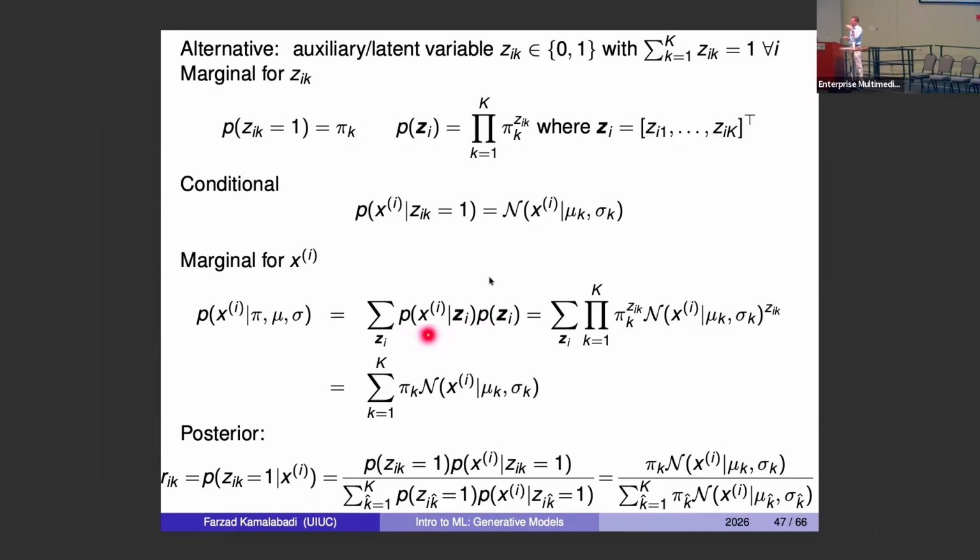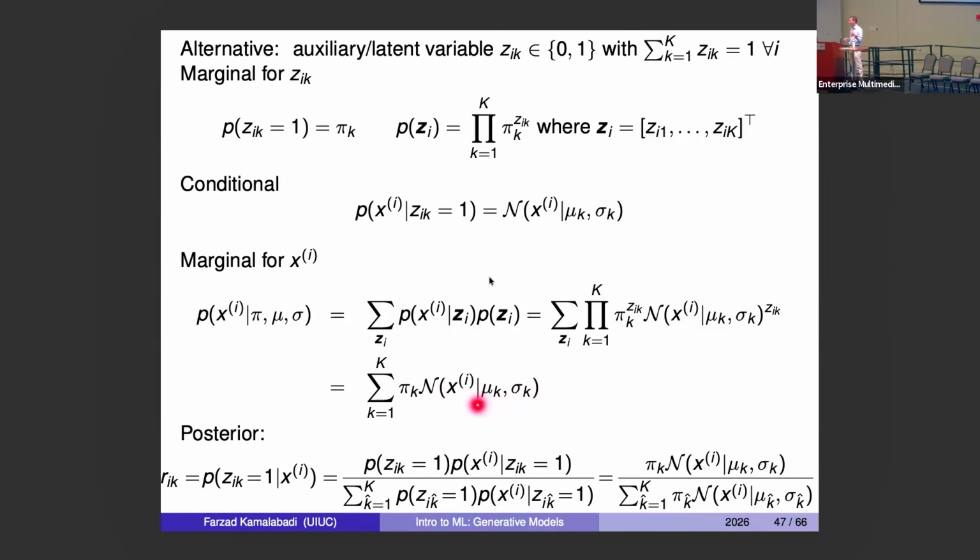This is what I was talking about. We don't know the latent variable, but we can write something in terms of the conditional probability for it. Why? Because I already have this. This is the conditional that I have. This is P of Z. I can just expand it. It becomes the sum of the product. And I can simplify it because of the geometric nature of these random variables. And I end up with an expression that essentially gives me a probability that has the pi, the sum over n Gaussians.